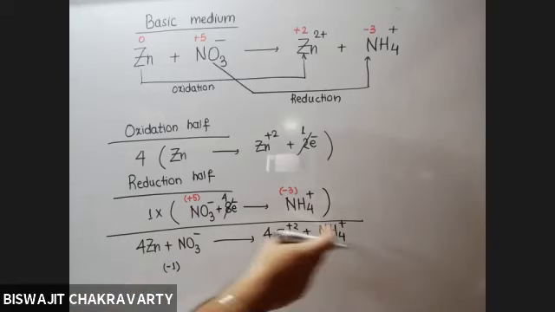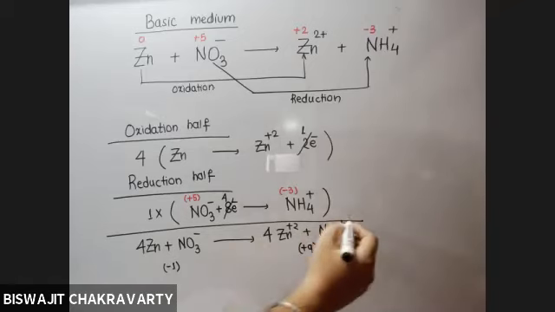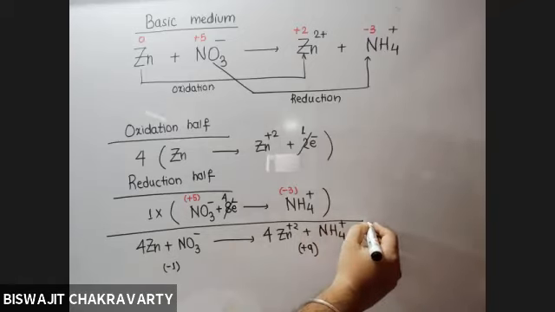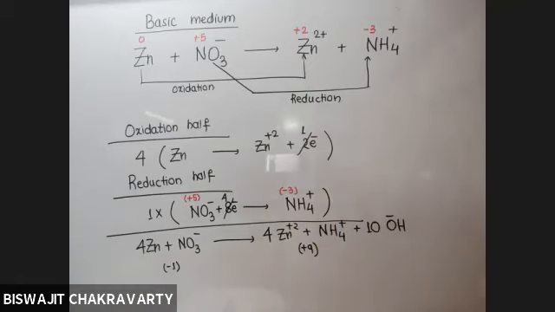And what about this? +9. Where should I add OH minus and how many? The right hand side. 8. How many? 10.